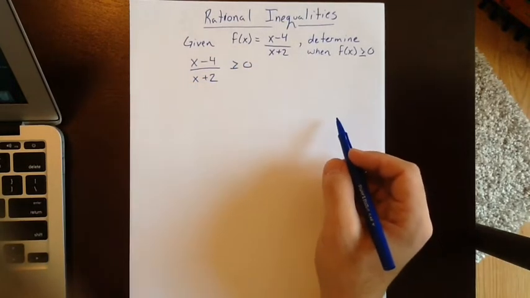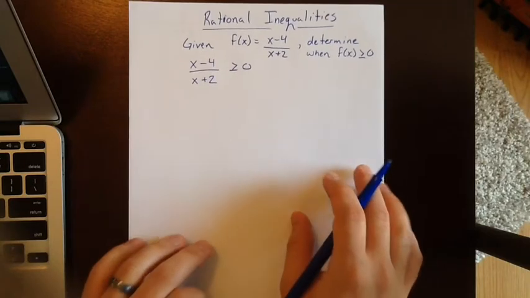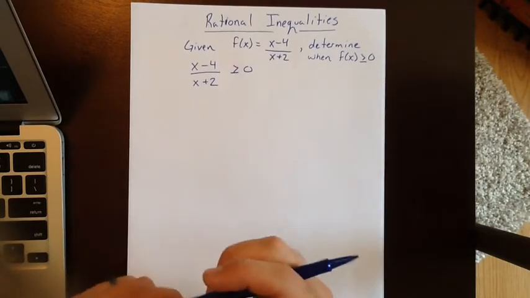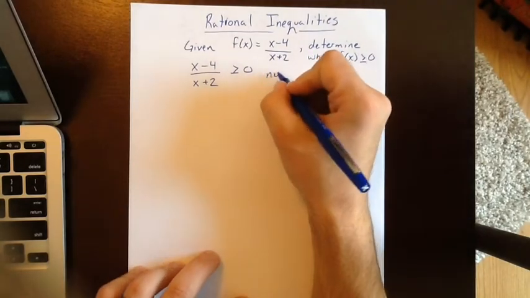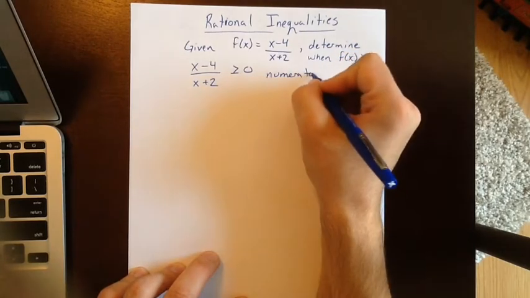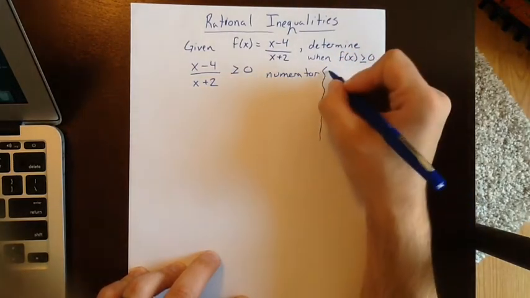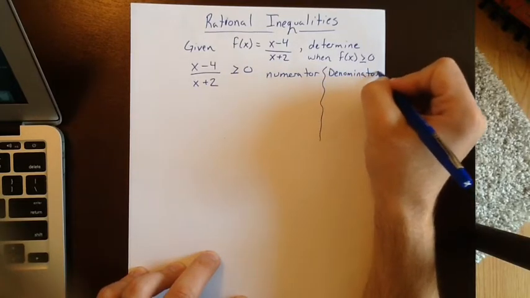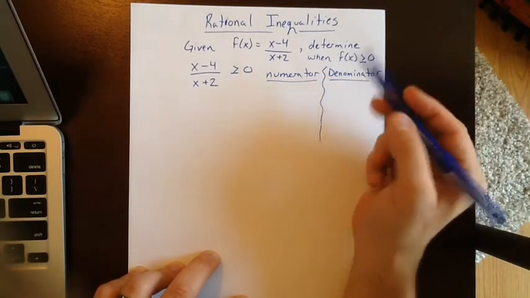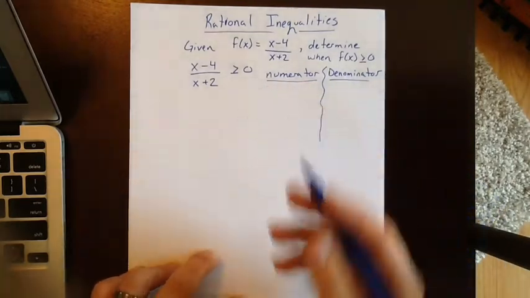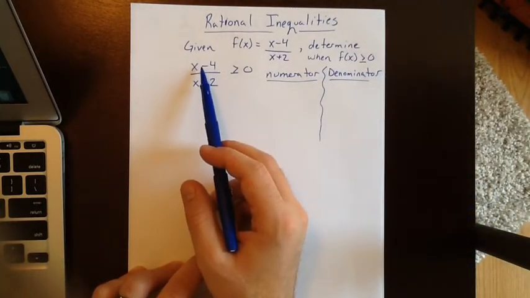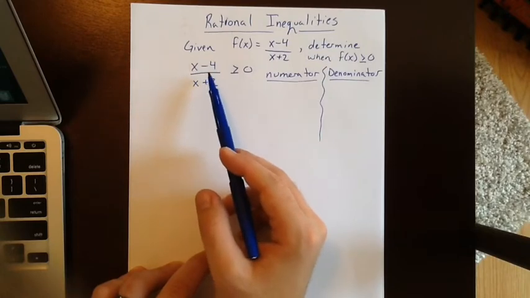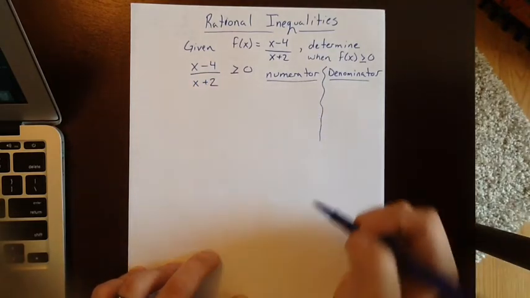Okay, so one key difference with a rational inequality is that we have to examine the numerator and the denominator separately. Like before, if we have to factor the parts to find the zeros, we need to do that first.